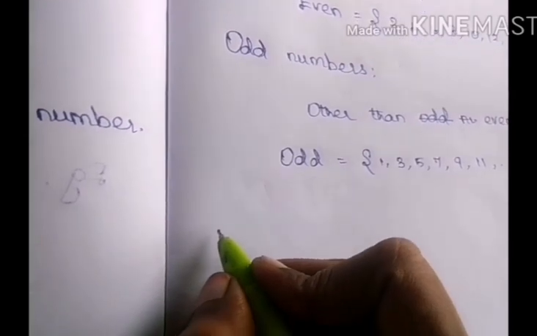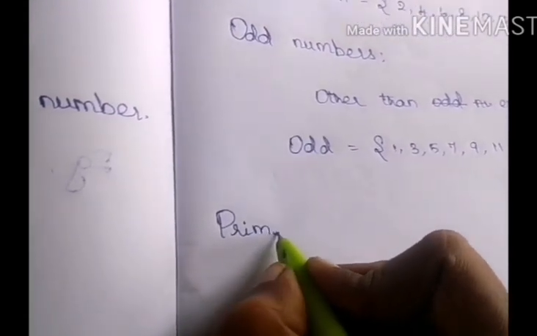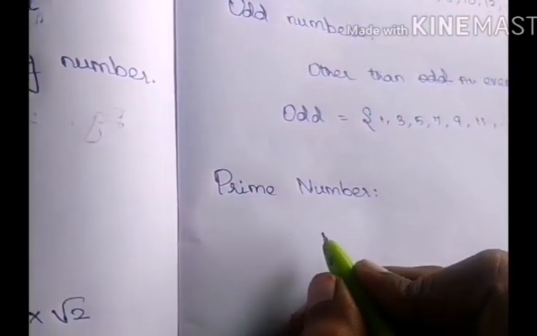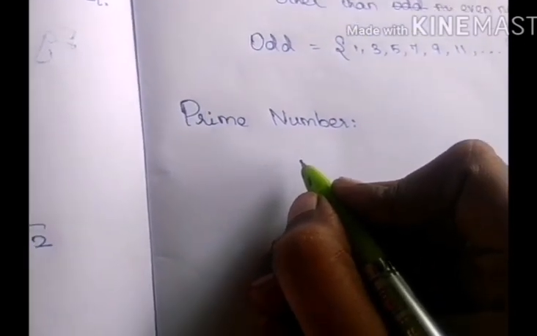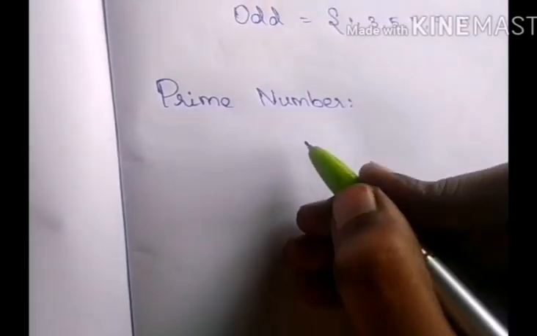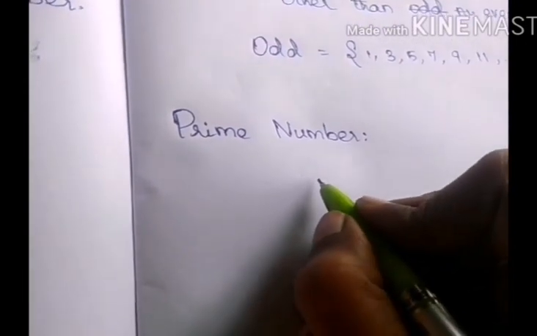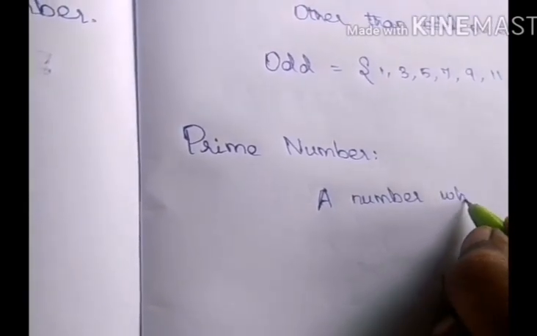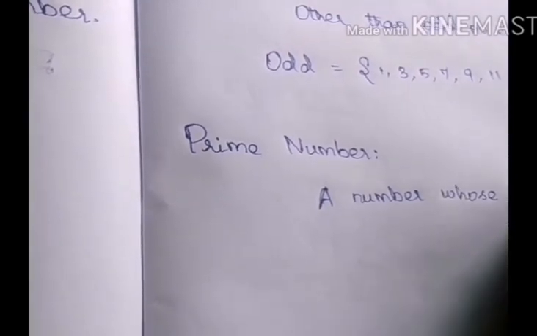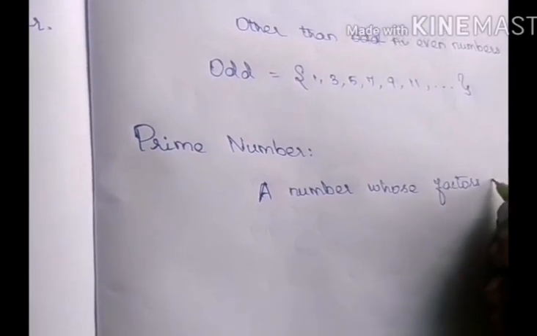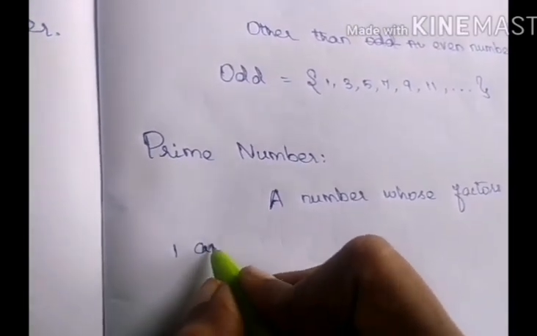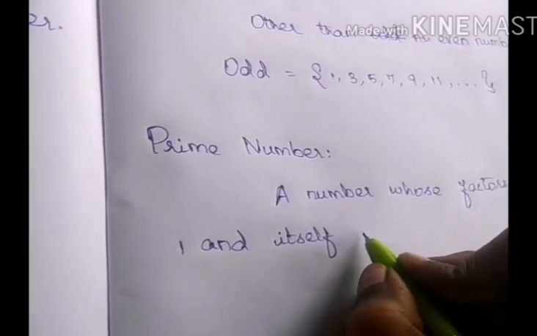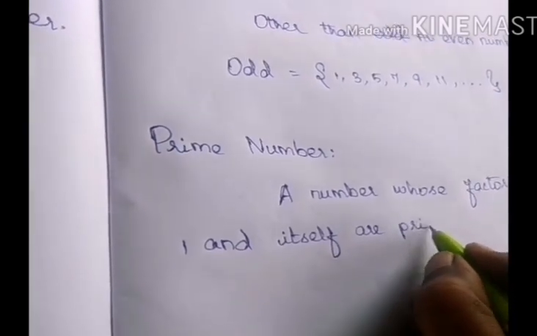Next comes the prime number. A prime number is a number whose factors are 1 and itself.